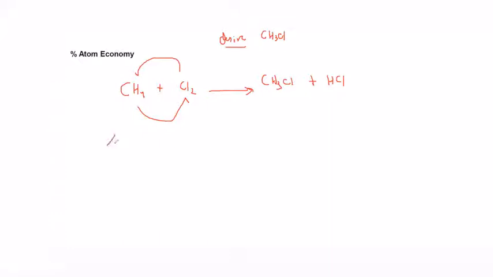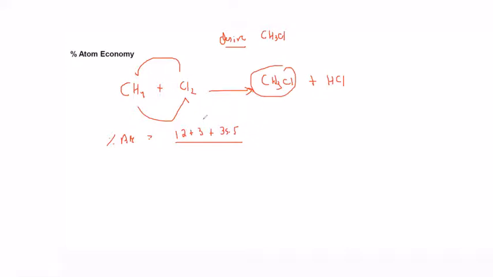So the percentage atom economy is the mass of the desired product. What is the mass of the desired product? This is our desired product. So carbon is 12 plus hydrogen is 3, because 1 multiplied by 3 is 3, and chlorine is 35.5, divided by the total mass of reactant or total mass of product.